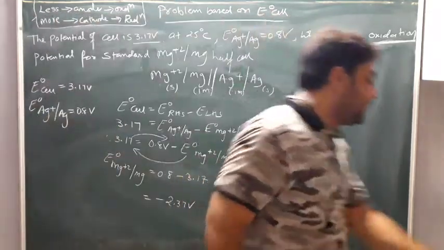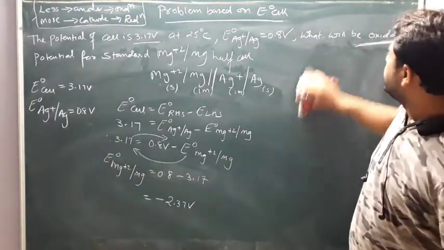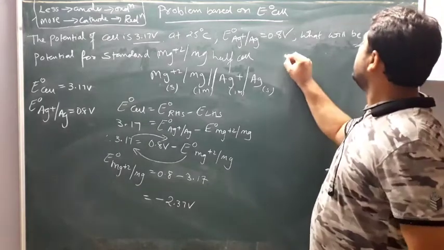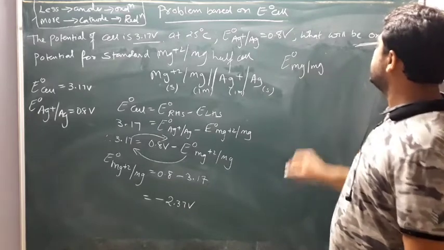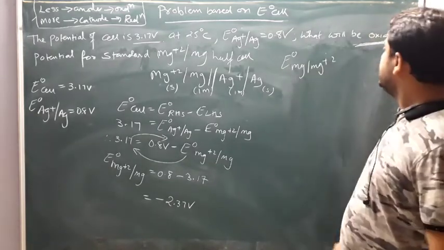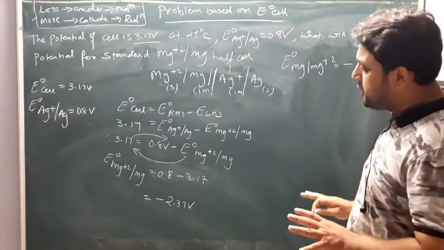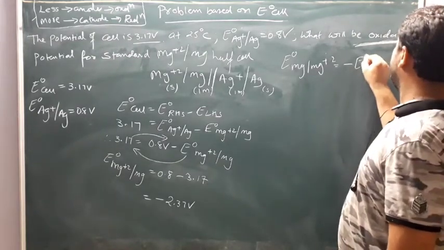This value obtained here is for the reduction potential. But I need it for oxidation. Now see here, this is oxidation, because in oxidation the molecule will be converting into ion. So oxidation potential and reduction potential are equal in magnitude but opposite in sign. So oxidation potential will be minus of the reduction potential value.